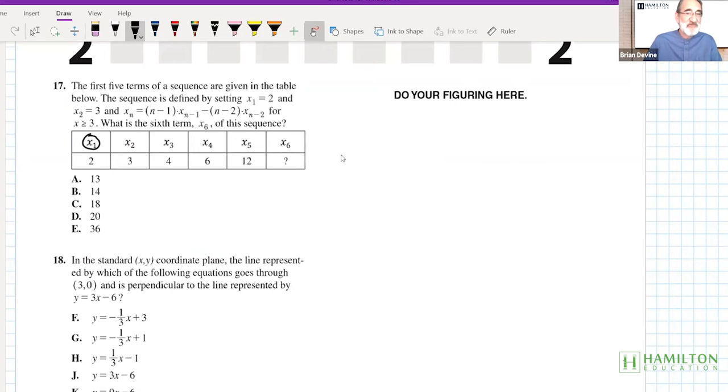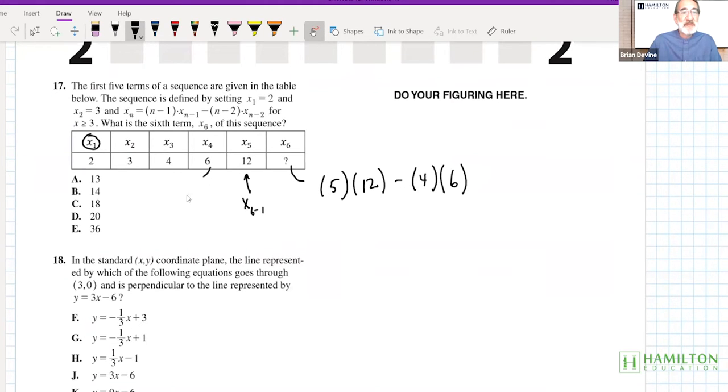So we're asked to find the 6th term of the sequence. Well, then the sixth term should equal 6 minus 1, which is 5, times the term before, which is 12, minus 6 minus 2, which is 4, times 2 terms before, which is 6. So this would be x sub 6 minus 1.